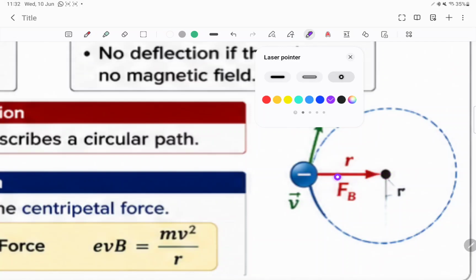It works towards the center. In physics, we call the force required to keep any object in a circular path a centripetal force.